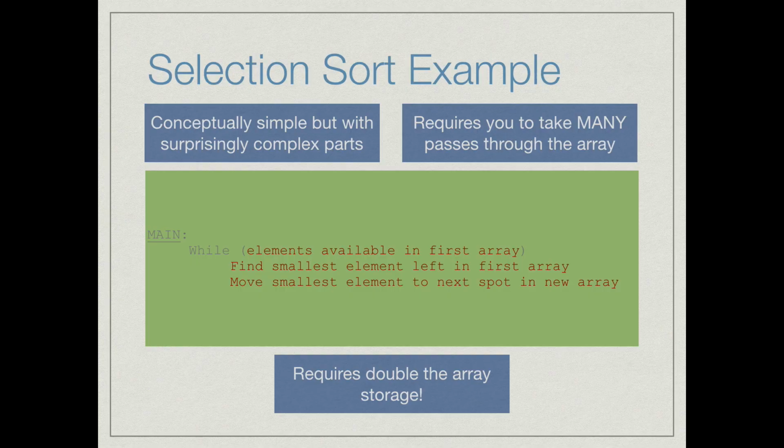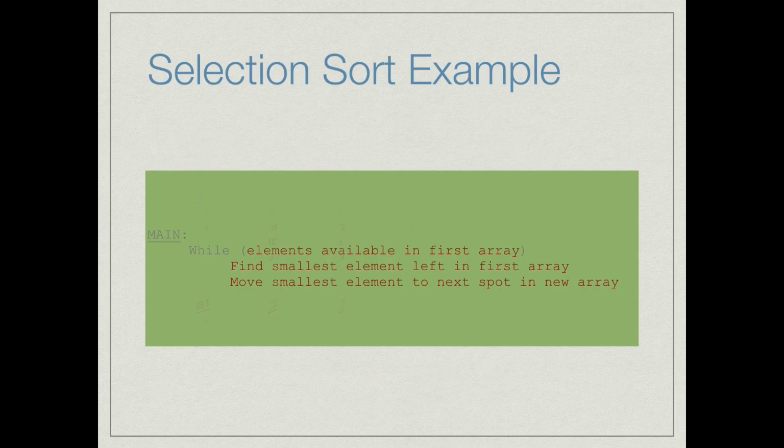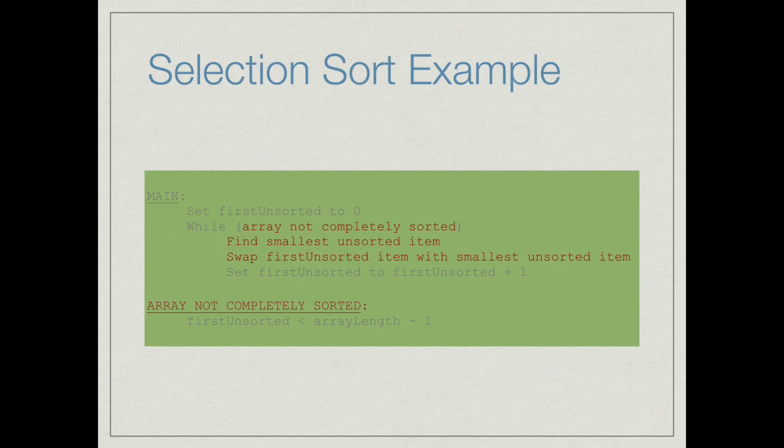However, we can make some small changes to this initial framework that will allow us to implement the algorithm in a much more efficient way. So for example, let's say that we have a pointer that tells us the index of the first unsorted element in the array. And let's start with 0 because we want to start with the beginning of the array anyway.